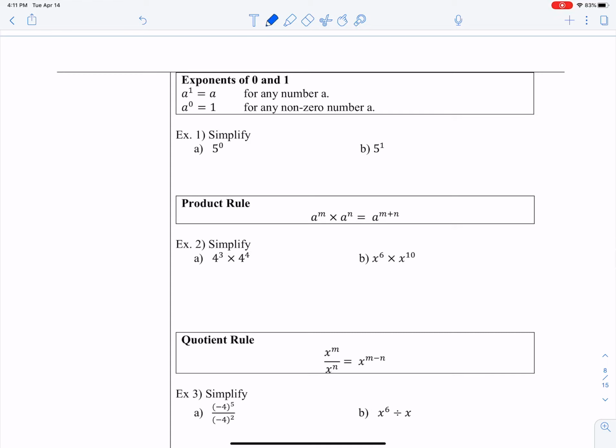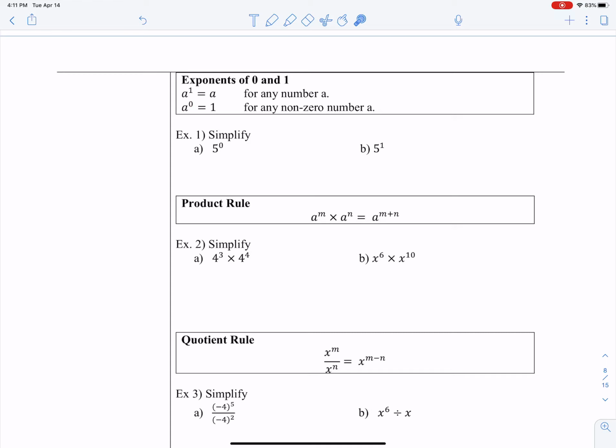So first we're going to be starting off looking at exponents of 0 and 1. If we have any base to the 1, it's just that base. So 2 to the 1 is just 2, x to the 1 is just x, for any number. So a means any number. If we have a to the 0, so let's say 2 to the 0, or 3 to the 0, or 1 to the 0, any number to the 0 becomes a 1.